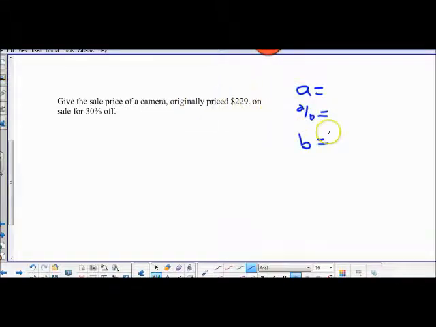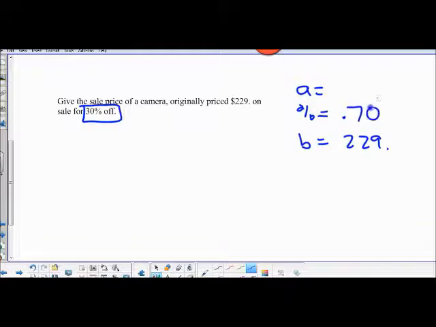This original price $229, so that's the base. The original price or the retail price is $229. The percentage that I'm going to use, it's 30% off. I'm not going to use 30% here. I'm going to use 70%, so 0.7 or 0.70. And the new amount or the sale price is what I don't know.